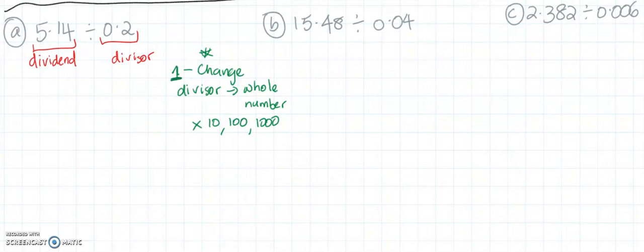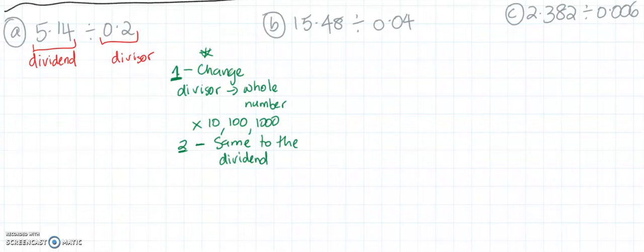If you do that, you need to do the same to our dividend, which means that if you multiply the divisor by 10, you have to multiply the dividend by 10 as well.